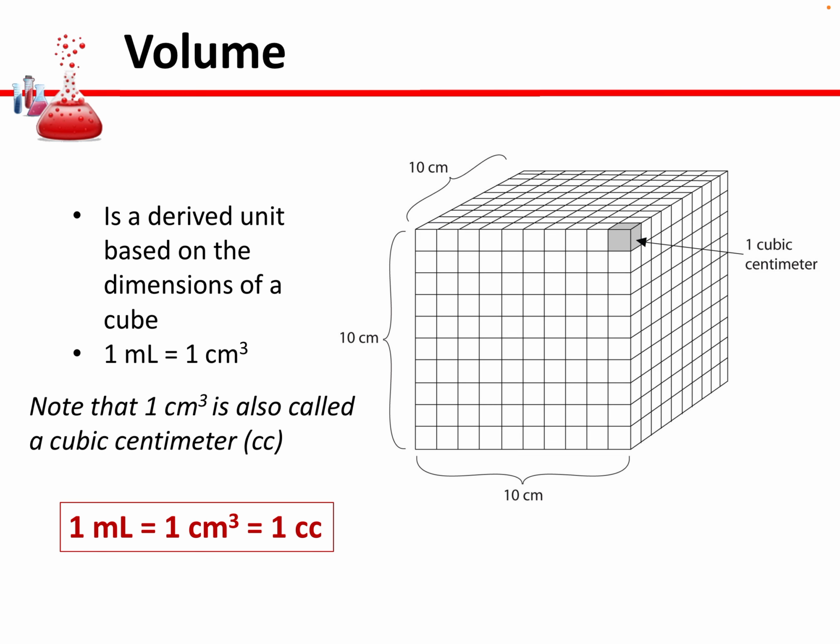So that's a derived unit from our measurement of length, the length times the width times the height. On medical shows, they might say, give me 1 cc stat. They're talking about 1 milliliter. So cubic centimeter, essentially.